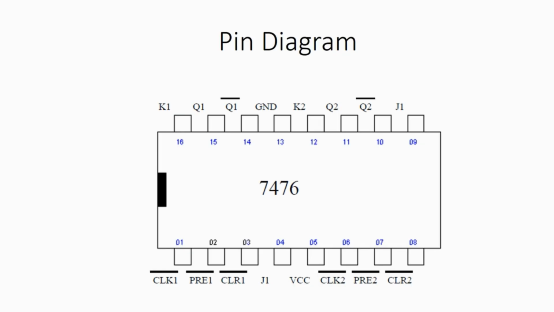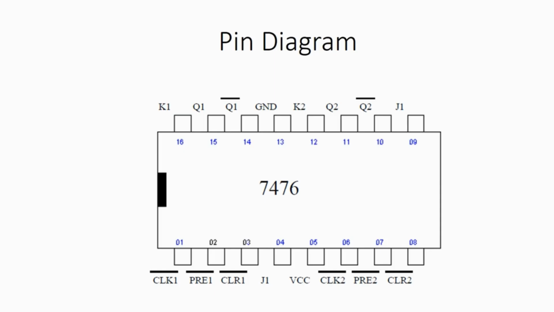The 7476 IC consists of 16 pins, and along with the synchronous inputs J1 and K1, 7476 also consists of another kind of input, which are called direct inputs. So preset and clear are considered to be the direct inputs.